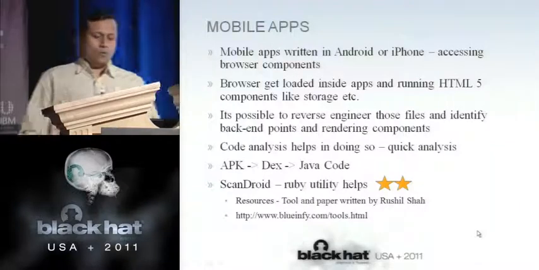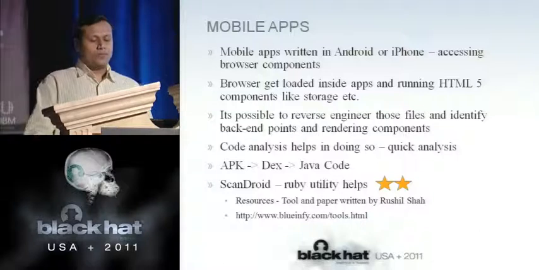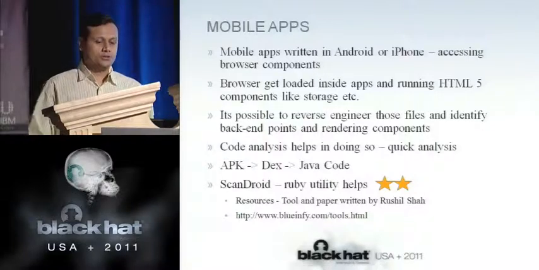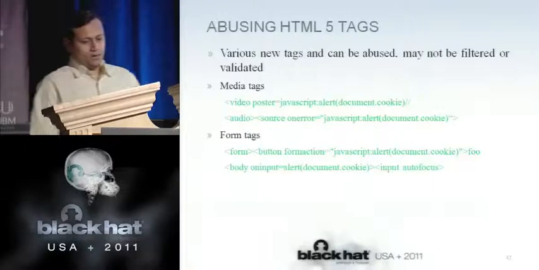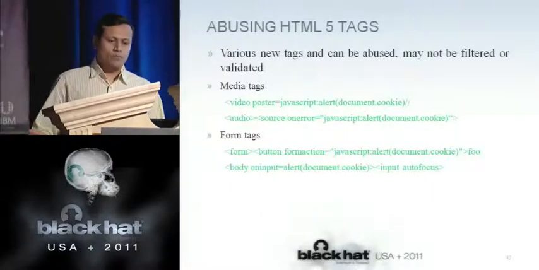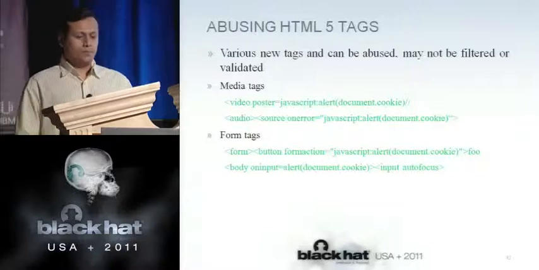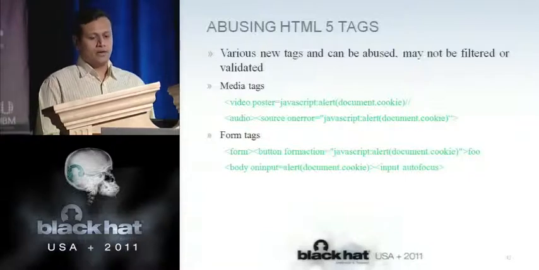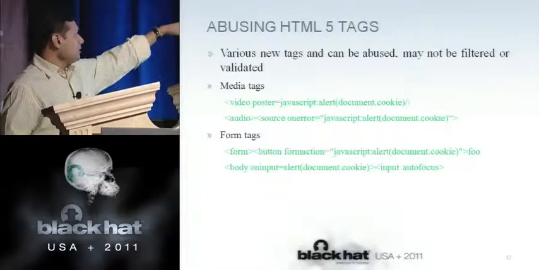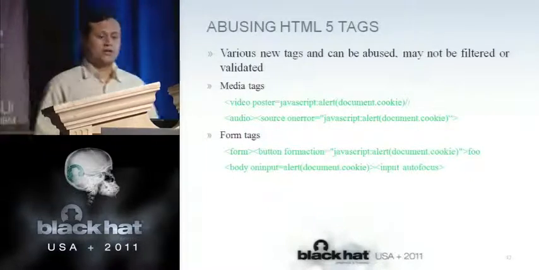So this is how quickly you can do a mobile application review for applications written for iPhone or Android and so on. And again, what we are looking at is what kind of client-side components this application is using. So all these different techniques which we have seen, we can apply to various different browser components. For example, if we start with HTML5, there are various new tags which are added in HTML5.